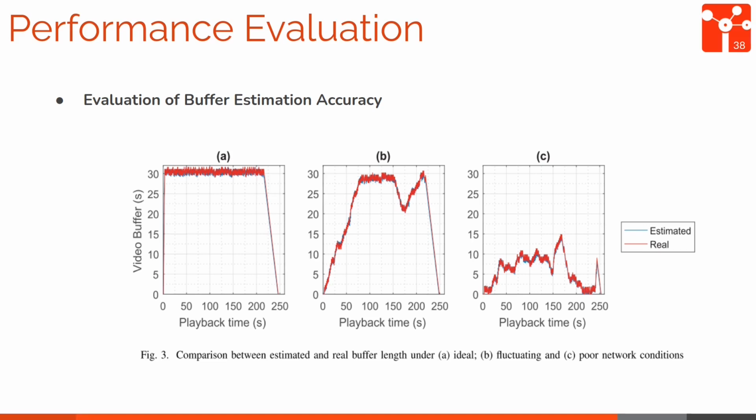Here the red line indicates the real buffer status, and the blue line indicates the buffer status estimated by the algorithm. From this figure we can see that the red line and blue line are very close to each other. This means the proposed QoE estimation scheme is able to estimate the video buffer nearly accurately and in real time.